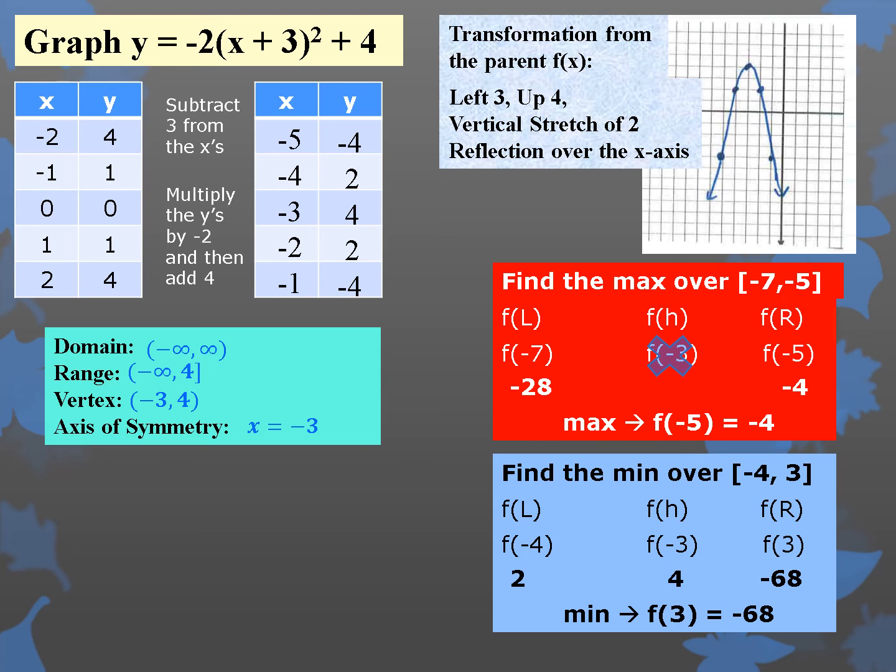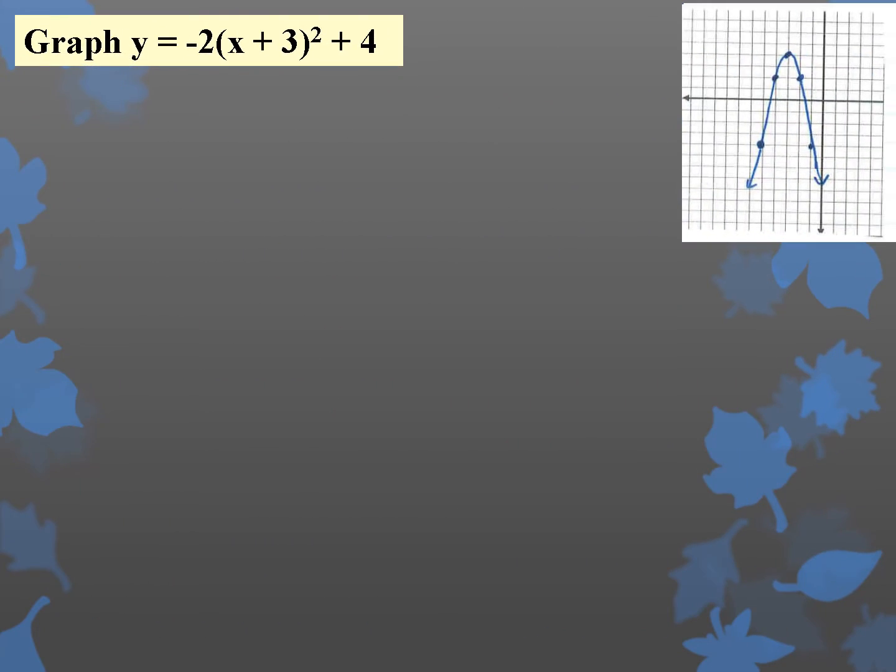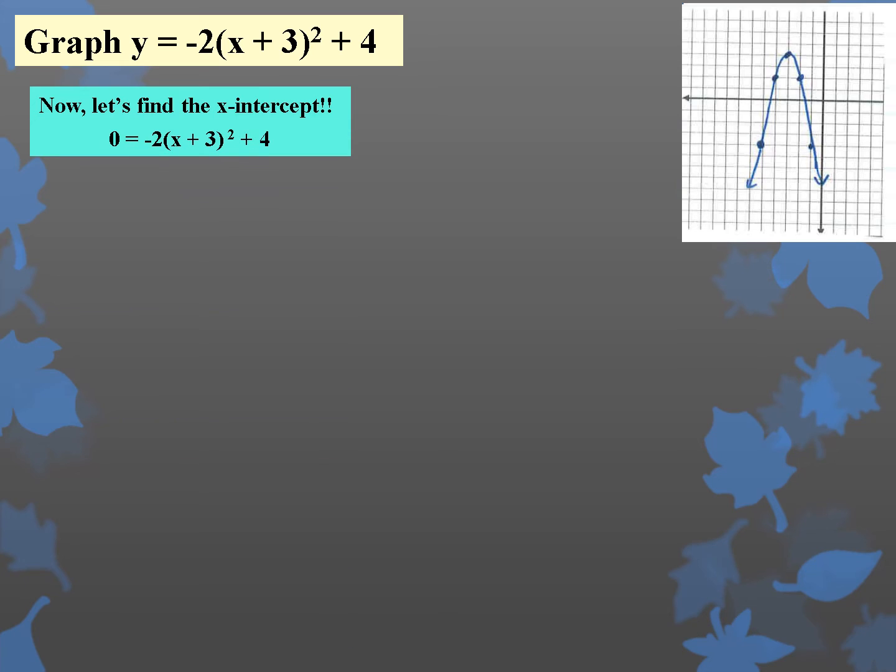Now, you'll notice on this that the parabola doesn't cross the x-axis at pretty points, and I'm not quite sure where it crosses the y-axis. So we're going to have to solve for the x and y intercept. For the x-intercept, we know that that means y is 0. So we're going to put in 0 for y.